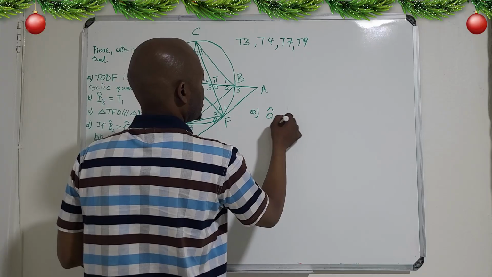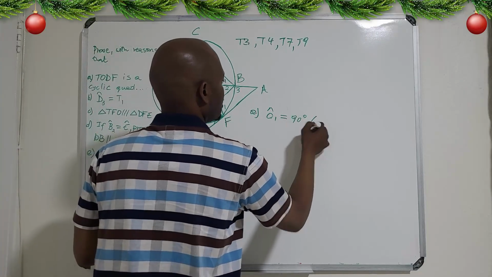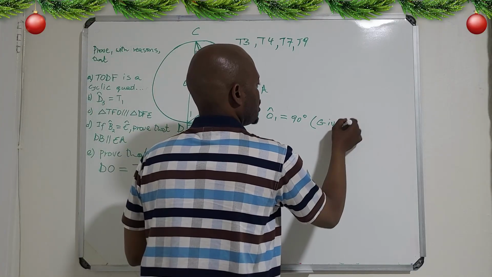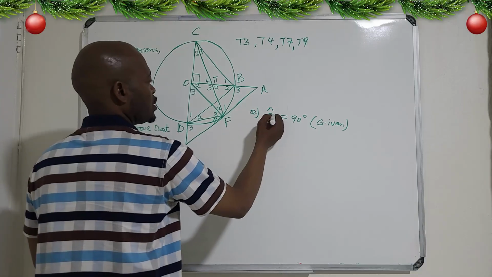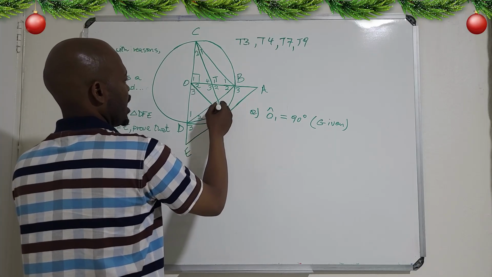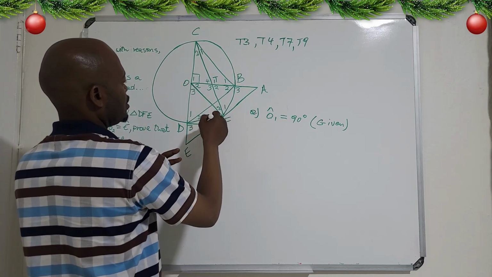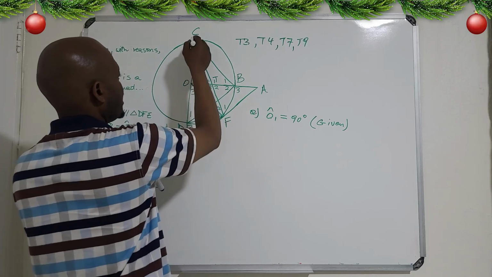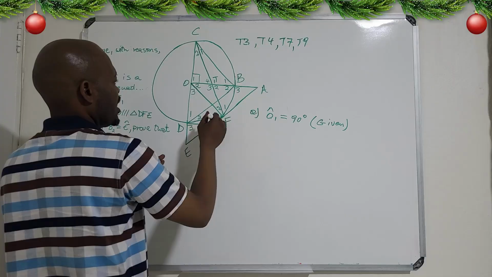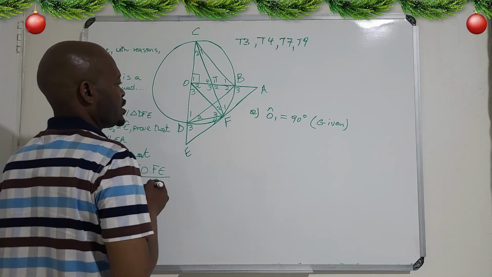Angle O1 is equal to 90 degrees. Reason: given. That's O1. Now, F3 plus F2, this angle here is 90, because this angle is subtended by the diameter, theorem number 3. It means that this is 90 degrees.